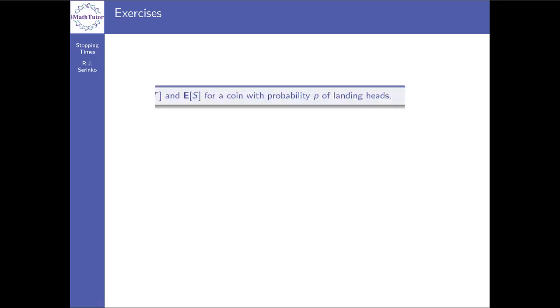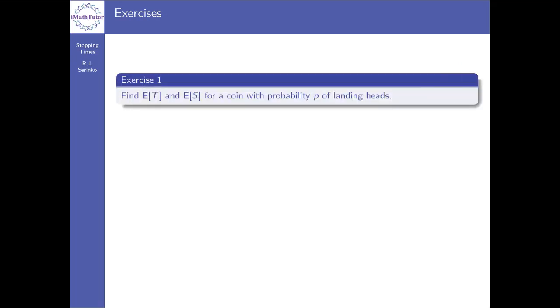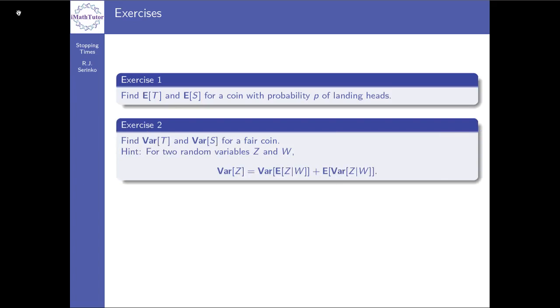This brings us to some exercises. In exercise 1, we ask you to find the expectation of S and T for a coin with probability p of landing heads. It's a very minor modification of what we've already done. In exercise 2, we ask you to find the variance of T and the variance of S for a fair coin.